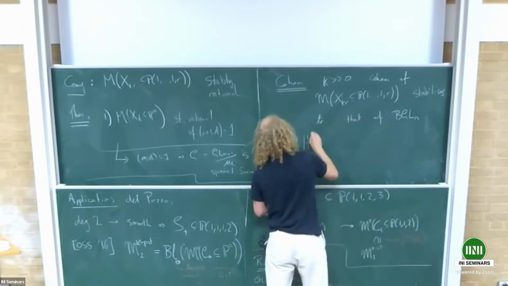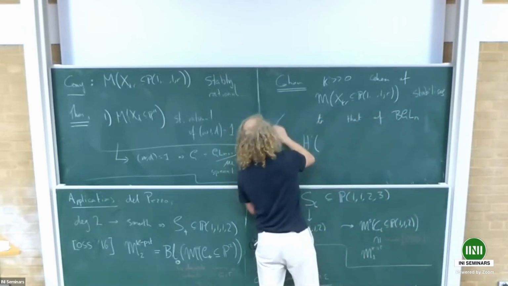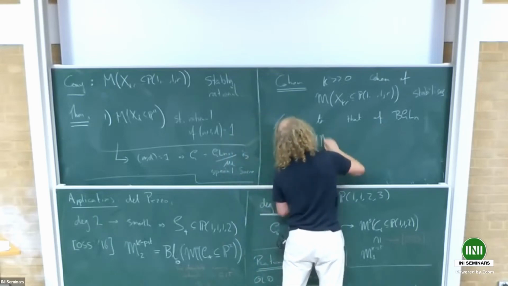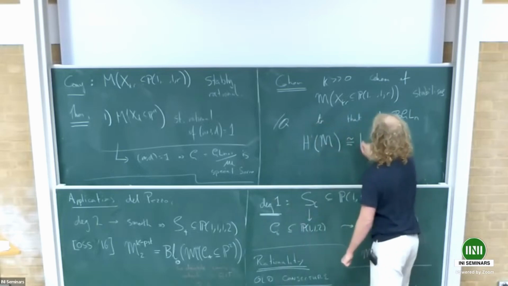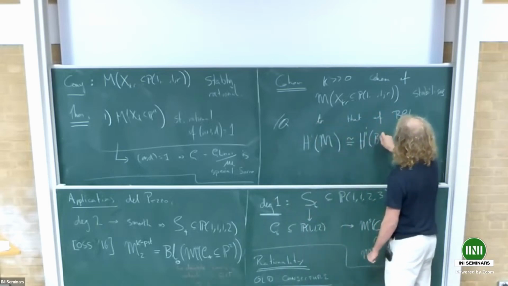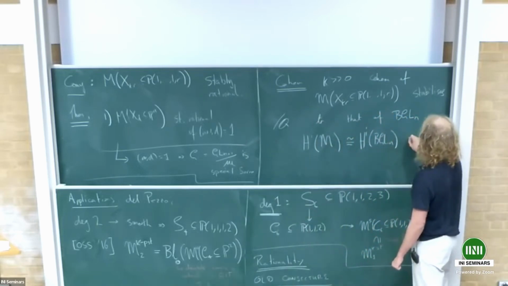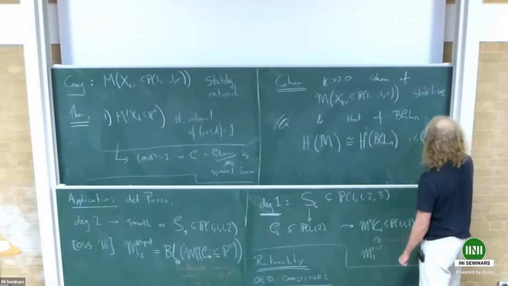Okay. So over Q, we get these moduli spaces for i less than some constant. Okay.